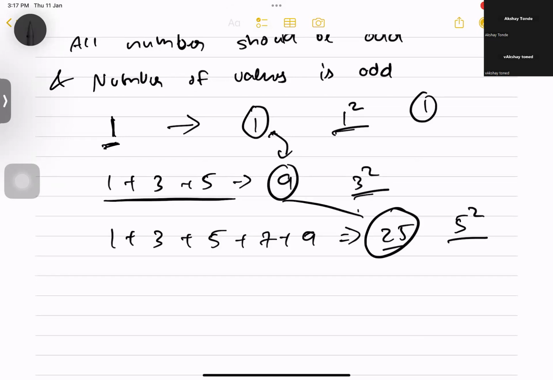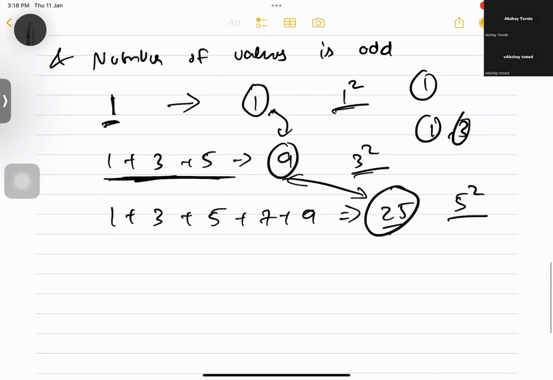All the numbers from 9 to 25 will have two sizes, which is 1 and 3. And similarly for 25, till the next odd power, which would be 49, all numbers from 25 to 49 will have 3 different sizes, which is 1, 3, and 5, right? So in a similar way, we can solve this question as well.